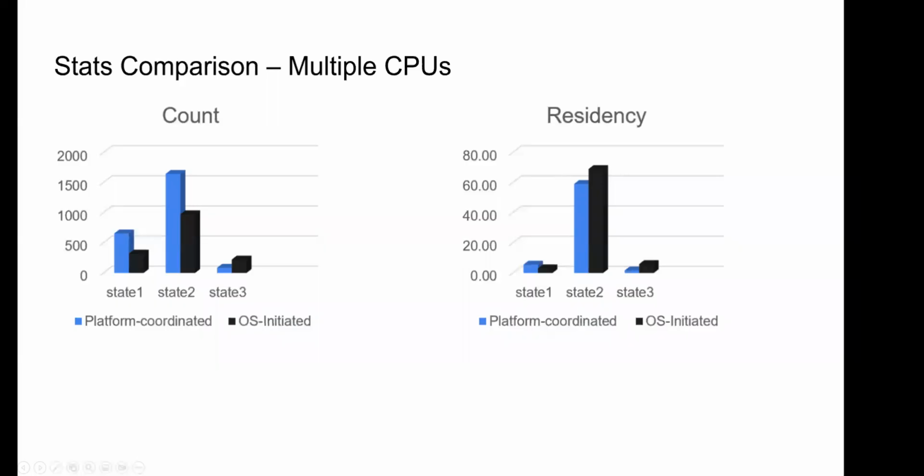I think the key difference with OS initiated mode versus platform coordinated mode is it allows the operating system to make the choice later than it can with platform coordinated mode. However, consequently, that means there is a bit of additional work that every CPU must do to enter an idle state, even ignoring the GenPD governance stuff, because we might be placed into a context destructive idle state, for example, like saving the PMU state.